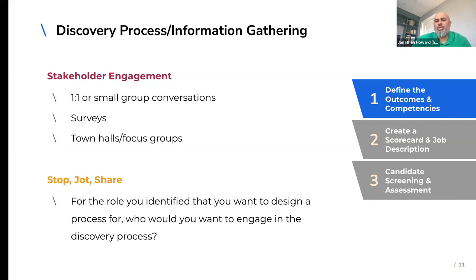We typically will do a survey that can be sent to all stakeholders, so staff, families, whoever your constituents are, to get their feedback. It's a really great tool for being inclusive and making sure that you are allowing everyone to have a voice. And depending on the role, we will also do focus groups with key folks, and town halls, if necessary.